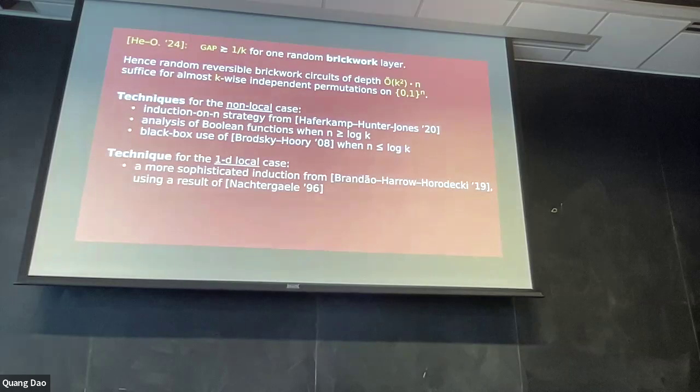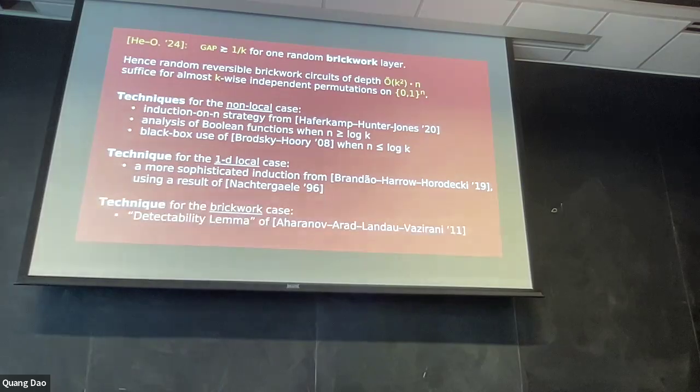And then if you want to get the similar result but with these 1D local gates, then you need the more sophisticated induction on n strategy that we borrowed from this paper. These guys used the result of this guy from 1996. And then if you want the brickwork case, we also had to use, as another ingredient, the so-called detectability lemma from this paper by Aharonov et al.